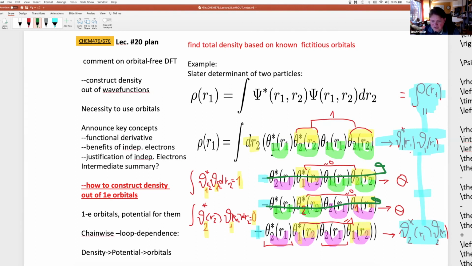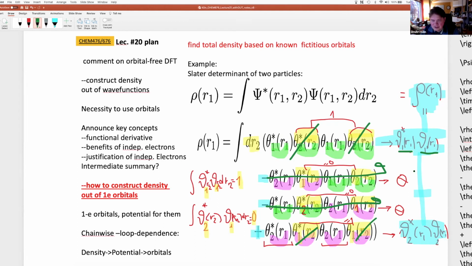And from the first and last line, we removed those that were already used for the orthogonality property. So we left only these blue things, θ1 R1, θ1 R1, θ2 R1, θ2 R1.